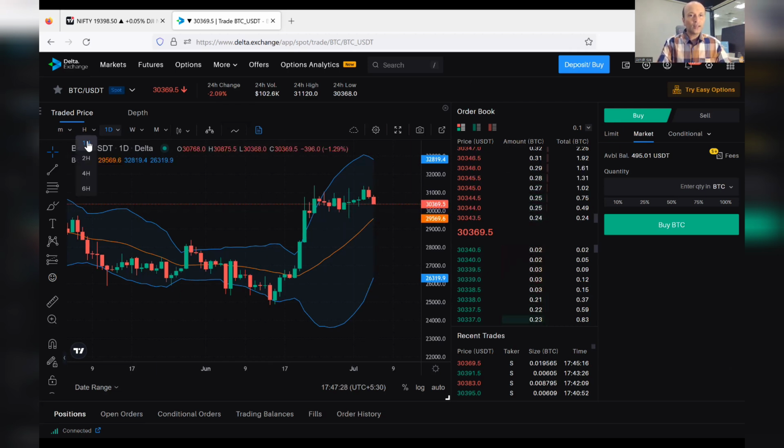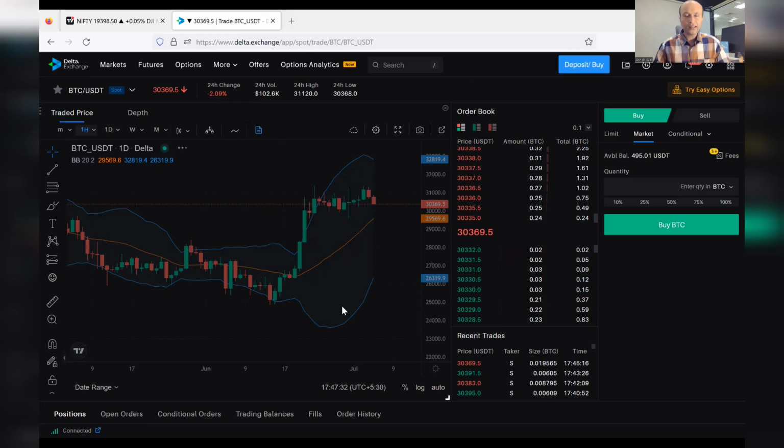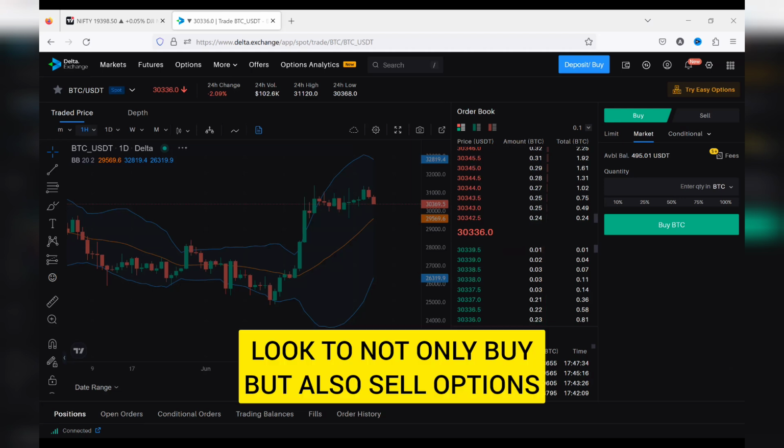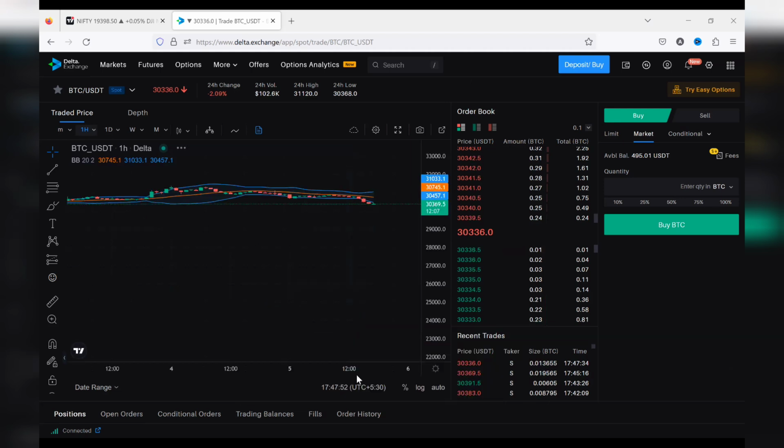Now if I go on 1 hourly chart, and if I check the overall movement on a 1 hour chart, I will come to know here क्या move हो रहा है Bitcoin में. Is it making sense to trade here, or is it making sense to wait and sell options? Because we don't really want to always buy options. We might also want to at times sell options. तो वो देखते हैं हम.